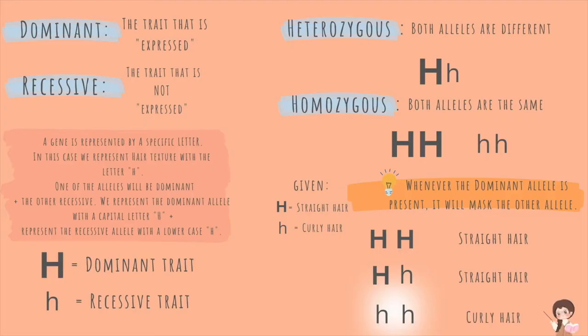We will get curly hair because there is no dominant allele present to eclipse the recessive. The only way for a recessive gene to be expressed is if it is in this form, homozygous recessive. Because in this form, there is no dominant present to overshadow it. So the recessive allele can go ahead and shine. It can go ahead and manifest.